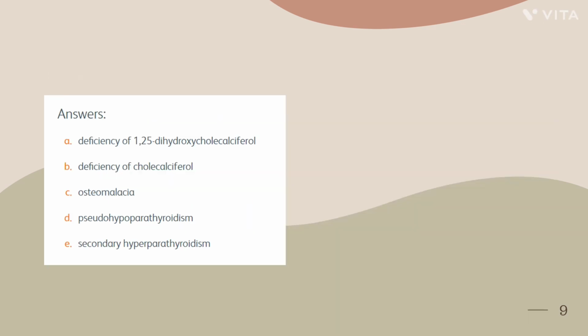Look at the options. Deficiency of 1,25 dihydroxycholecalciferol, that's what I had explained. Deficiency of cholecalciferol, not cholecalciferol, it's the active form that is reduced, because that is the only step that is happening inside the kidney. So we are having a deficiency of 1,25 dihydroxycholecalciferol.